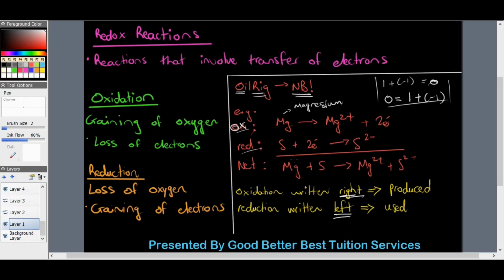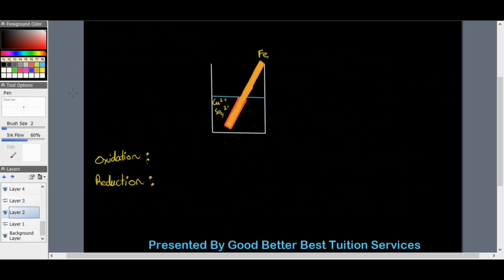But before that, there's another process I want to show you which we also recapped last week: what happened when an iron rod was placed in a solution of copper sulfate, CuSO4, which I split up into Cu2+ and SO4 2-. SO4 will always stay as SO4.